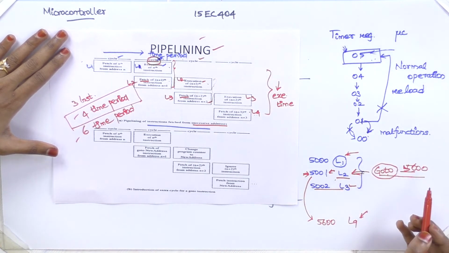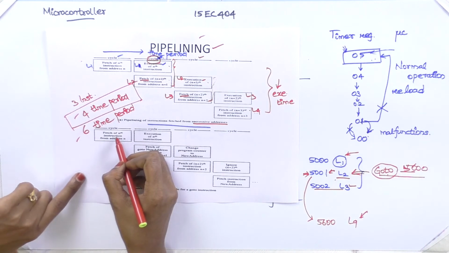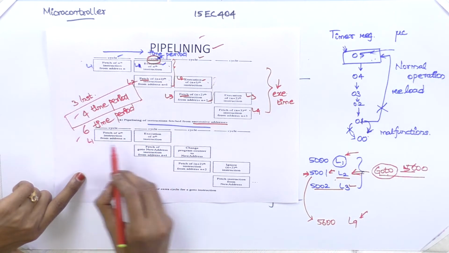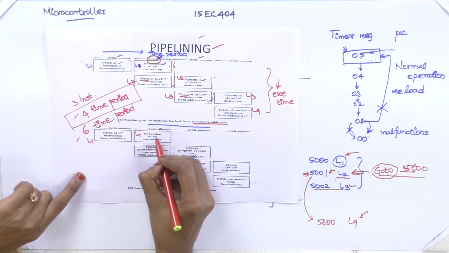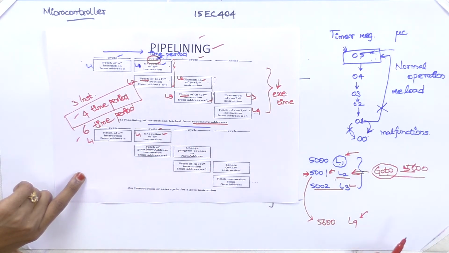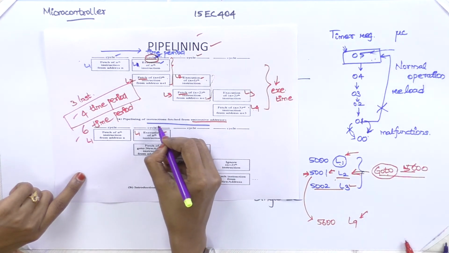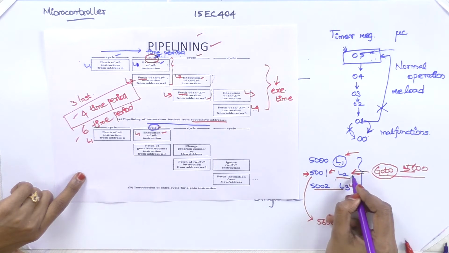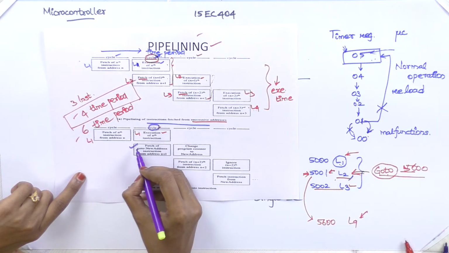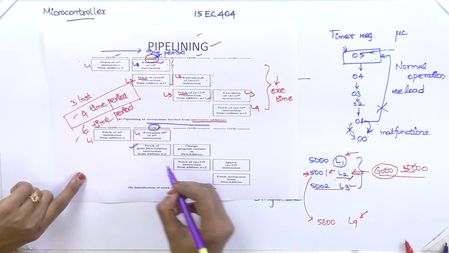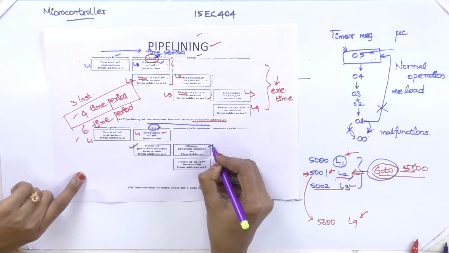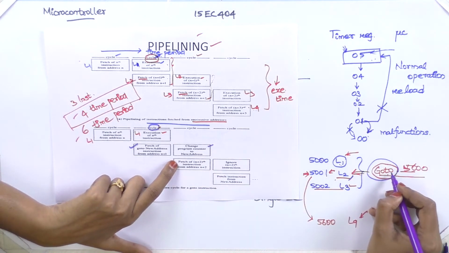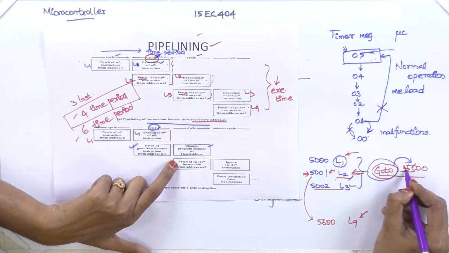At the first cycle, your L1 instruction will be fetched. At the second cycle, the L1 instruction will be executed, and at the same time your L2 line will be fetched. During the fetch operation, it knows that the instruction given is a go to instruction. What the go to will do is jump to the address 5600.